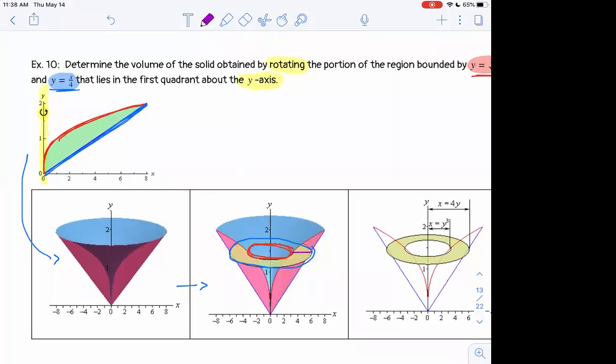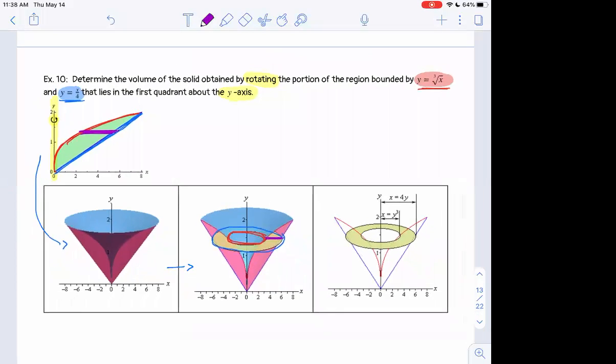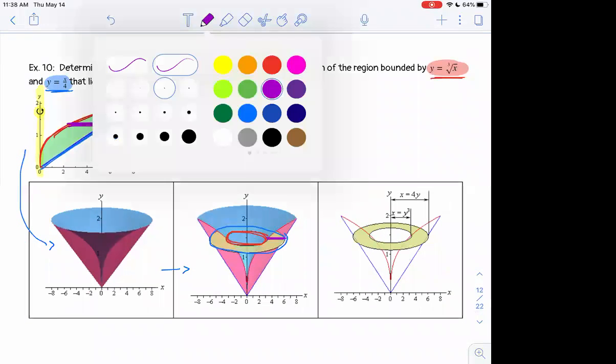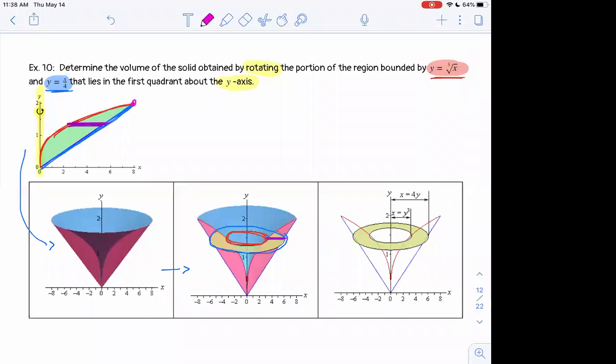That purple line is the difference between the outer radius and the inner radius. How long is that purple line at that point right there?